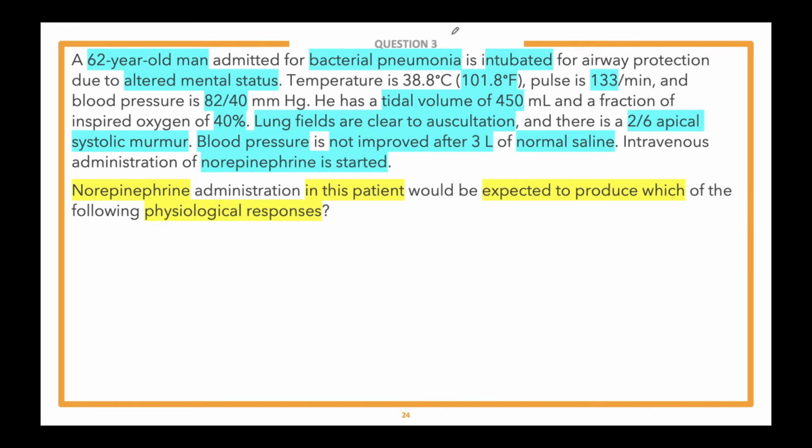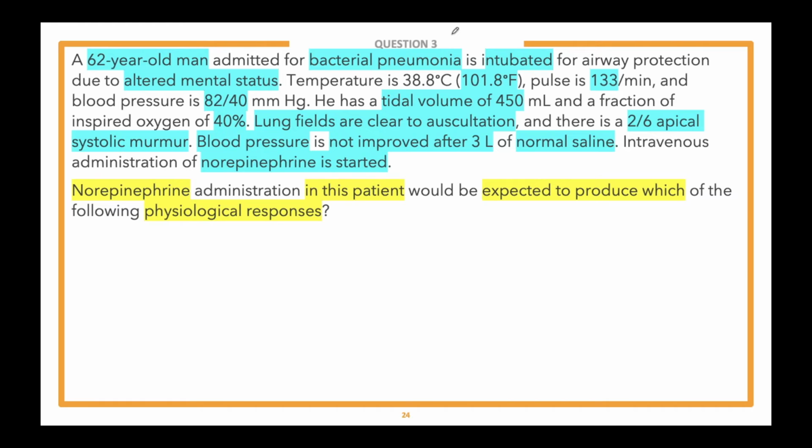You can see that we've highlighted those key phrases in that lead-in. The one thing I'll point out here is that it's asking us specifically about in this patient, so not necessarily any patient, but in this patient, what would be a possible physiologic response? It may be the same, it may be different, but important to make note of that.